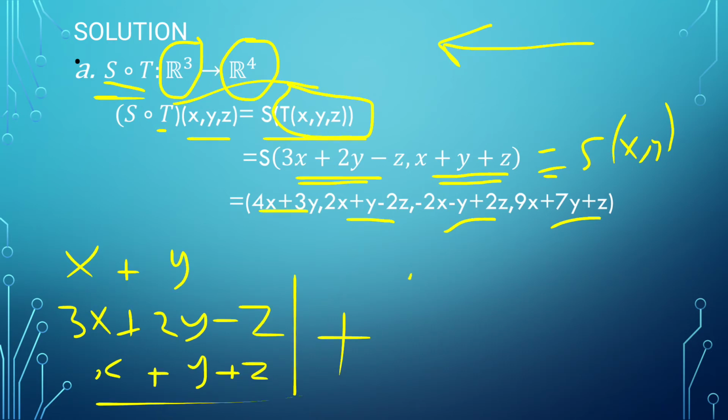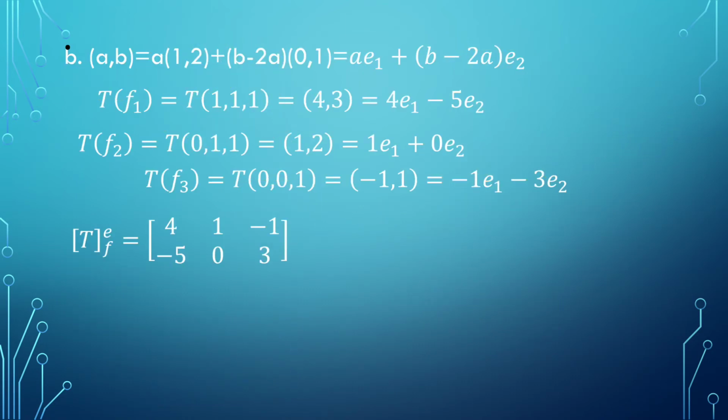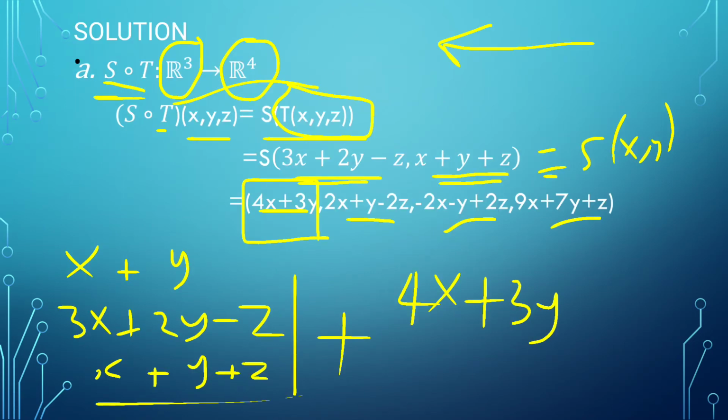You can see you are getting 4x plus 3y, and therefore that part. Do the same for the others and you find that. Now remember that will become the output for this transformation here, for that transformation.